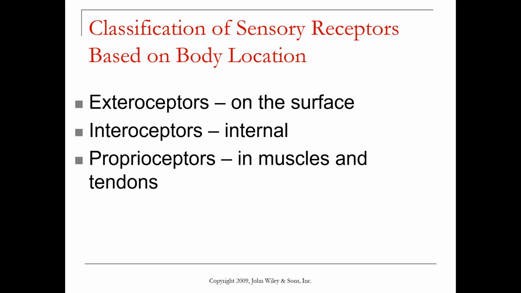We monitor stretch, our bladder stretch, our blood vessels stretch, our stomach stretches or contracts. All of this is being monitored internally. So interoceptors are inside the body, in the viscera. Exteroceptors are outside on the surface. The proprioceptors are located in our muscles and in our tendons. They tell us where we are in space.